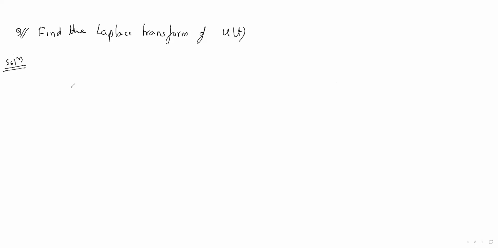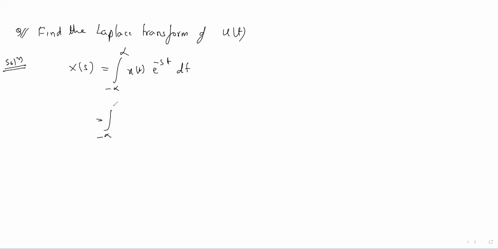So that thing we know. So how we can find the Laplace transform? Can you solve this? So if we assume this X of s is the Laplace transform of u of t, then the equation we know, X of s is given by the integral from minus infinity to infinity of x of t e to the minus st dt. Okay, what is x of t here? It's u of t.